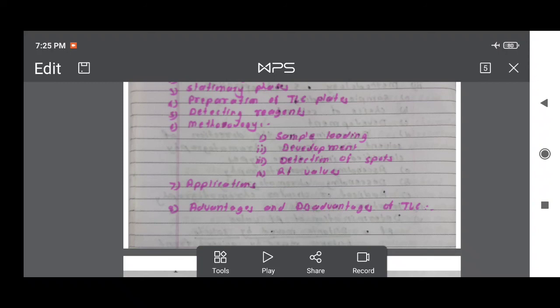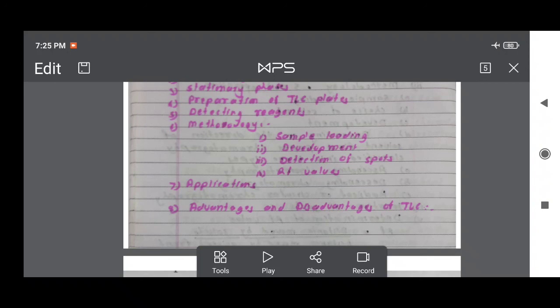Then the last but one point is the applications of TLC. It is a versatile separation technique for both analytical and preparative purposes. A variety of species like amino acids, peptides, sugars, lipids, alkaloids, vitamins, etc. can be separated by using TLC.